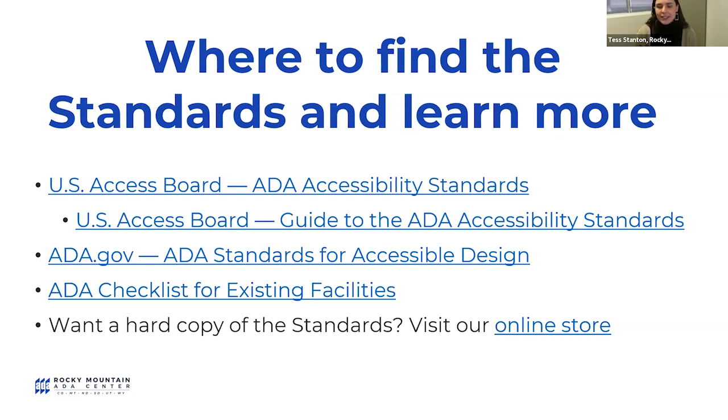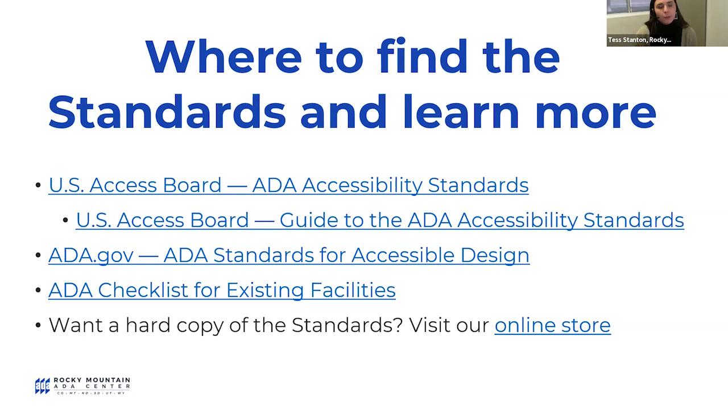I like the U.S. Access Board's online version because they link to the different sections of the standards. It's common that when you're reading the standards, it will refer you to a different section to learn more. And all of the hyperlinks in the U.S. Access Board's publication of the ADA accessibility standards include hyperlinks to the different sections, so you can easily jump around the standards.